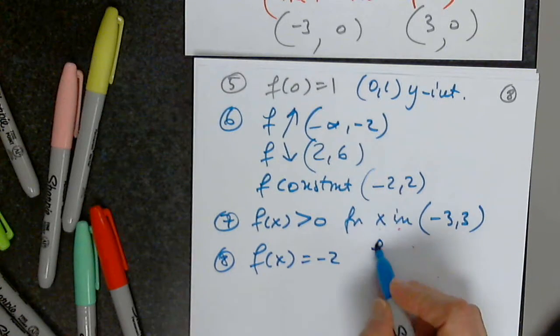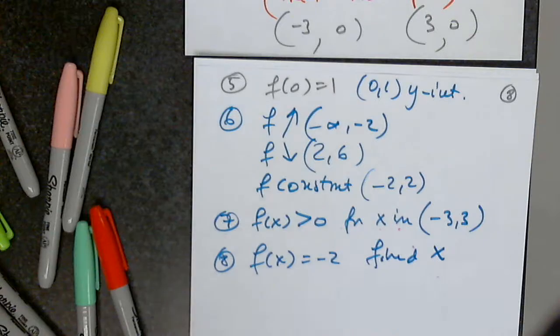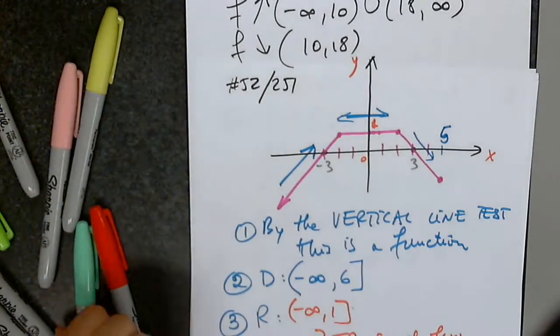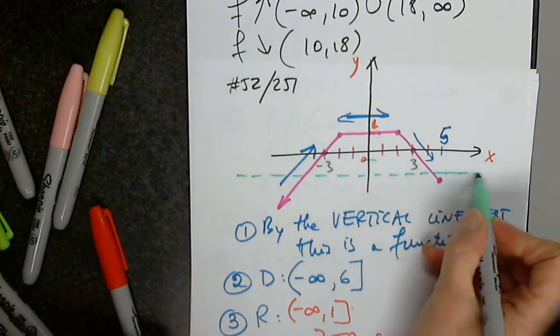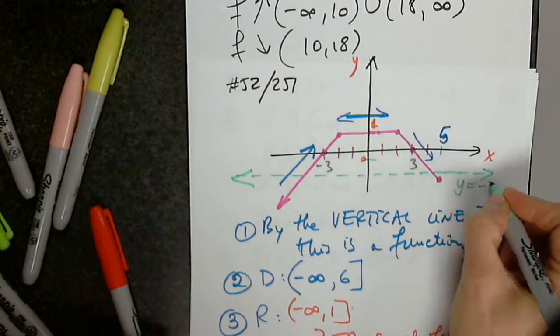Okay. Find x such that f of x equals negative 2. So f of x equals negative 2, find x. What does that mean? When I'm told f of x equals negative 2. Remember a few minutes ago when we looked at the other function, I said find f of 3, and I said what is given? You said x equals 3, so we thought about a vertical line, x equals 3. But now I am told f of x is negative 2. It's the y value. Y equals negative 2. So I go to the graph. So let's say it's this. I don't know, I have to look in the book because my graph is not perfect. This is y equals negative 2.